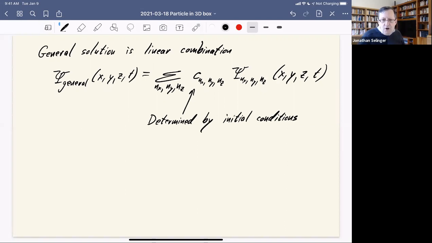Okay, so if we know the initial condition, then we could plug in t equals 0 here and t equals 0 there.